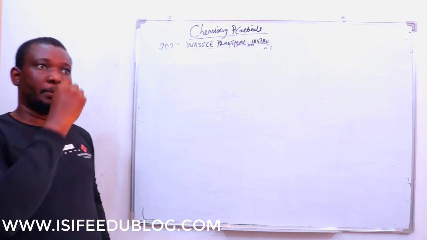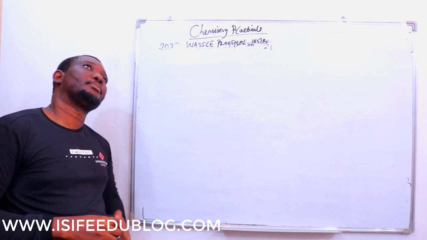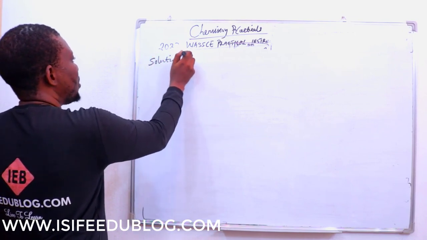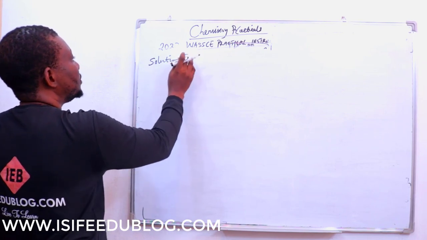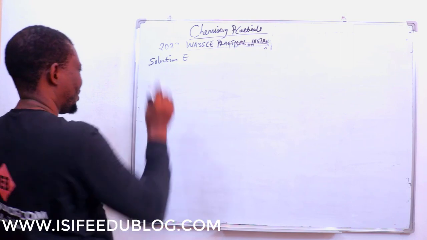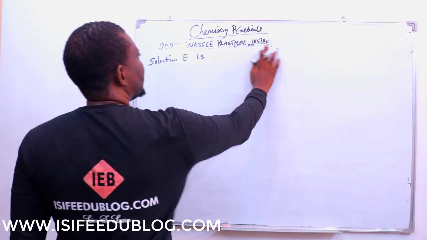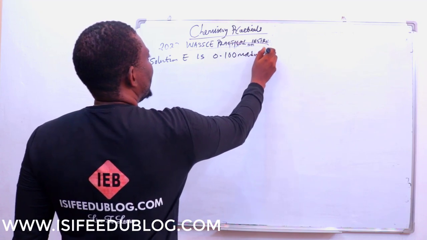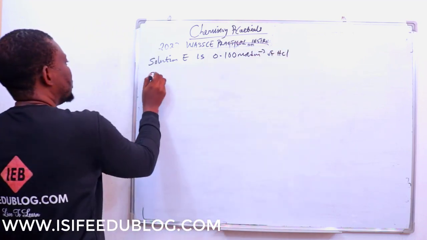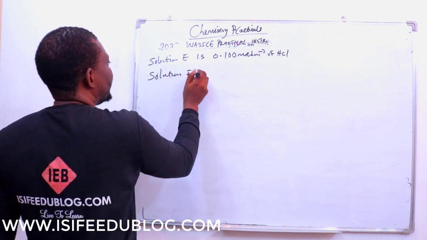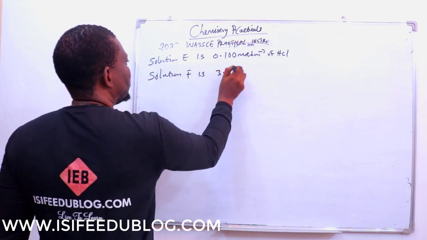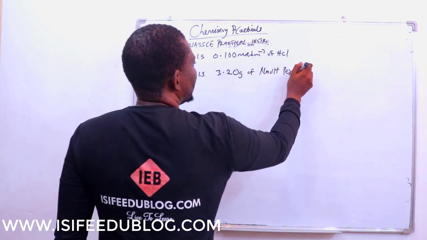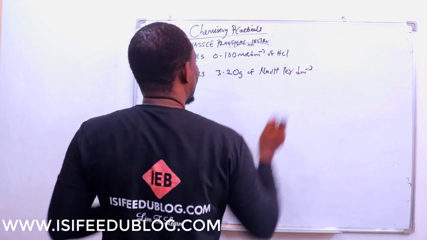What if we ask that solution E is 0.100 mole per DMP of HCl, and solution F is 3.20 gram of NaOH per DMP.